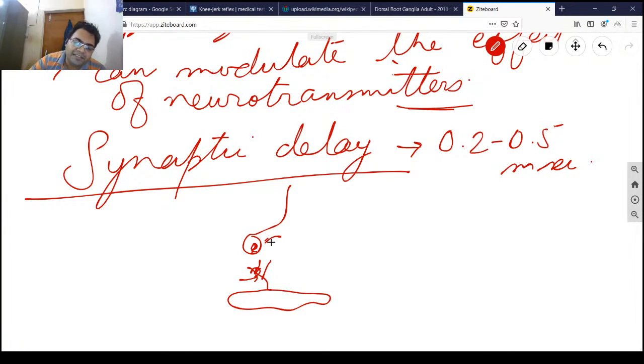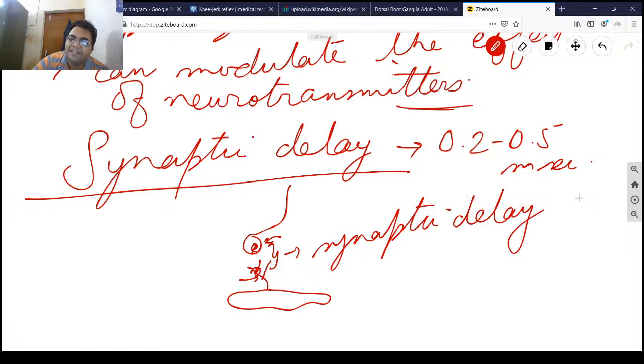So the time from when the action potential comes until the depolarization or hyperpolarization happens is referred to as synaptic delay.